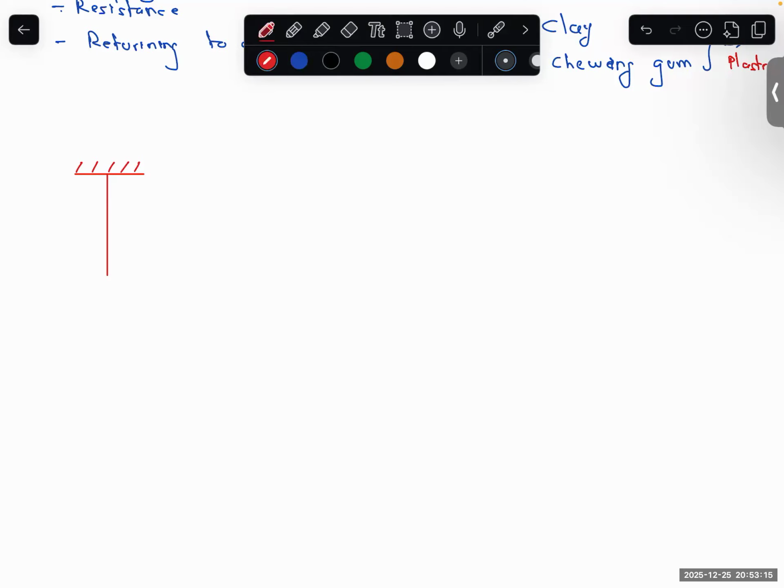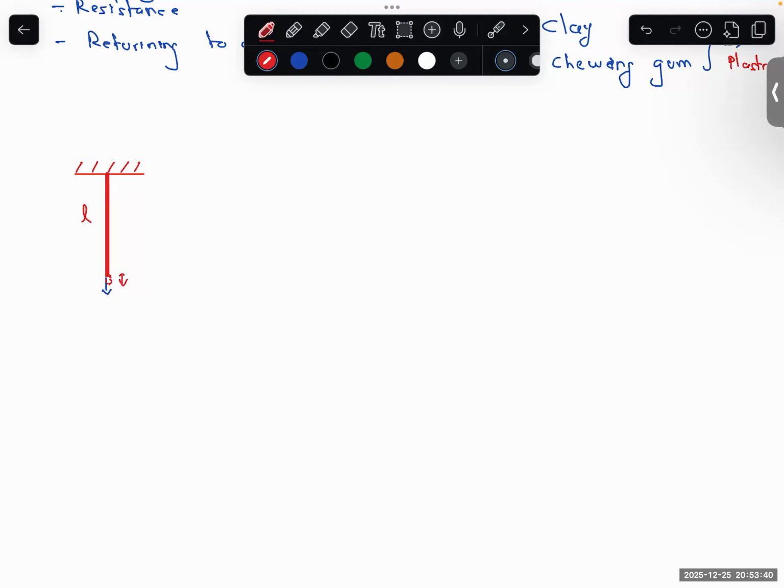Okay. Now look at this. This is a piece of metal. I'm going to give a small force. We will just increase the thickness, right? I'm going to give a force. So when I give this force, let's say the metal increases in size, length, to be precise.